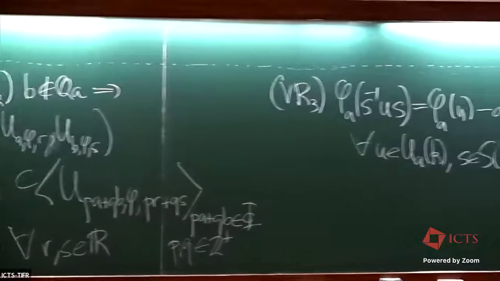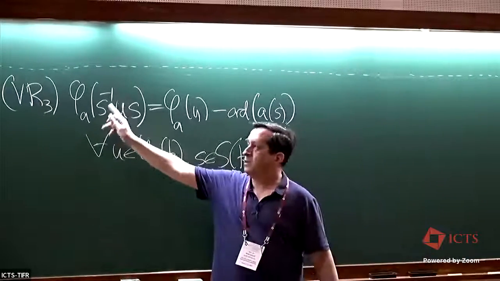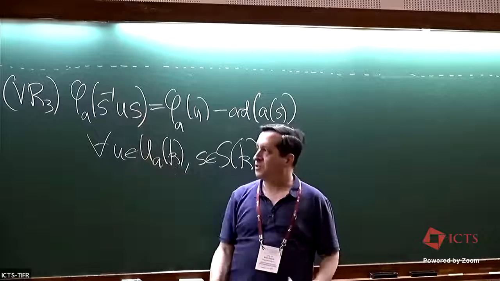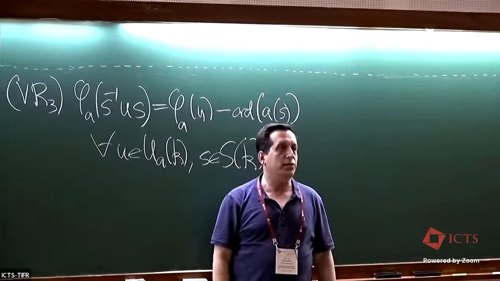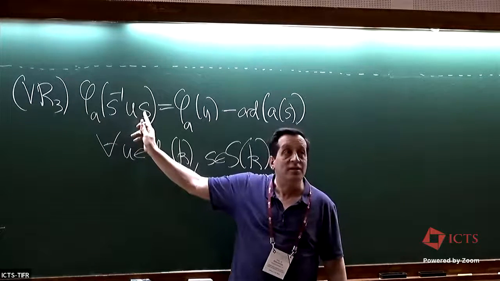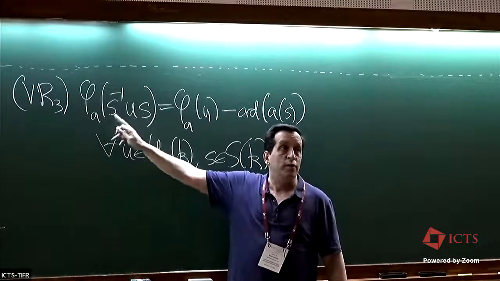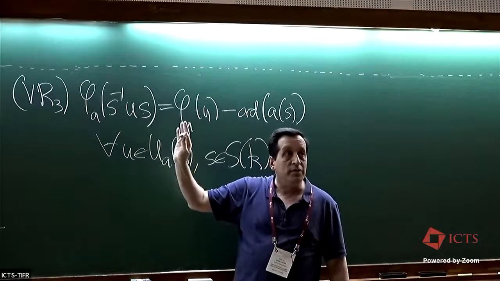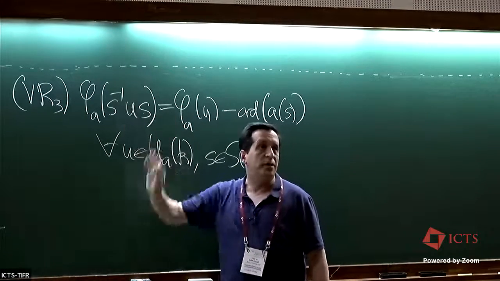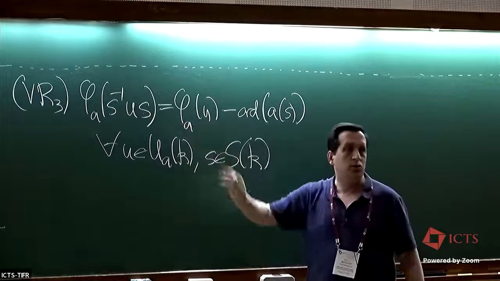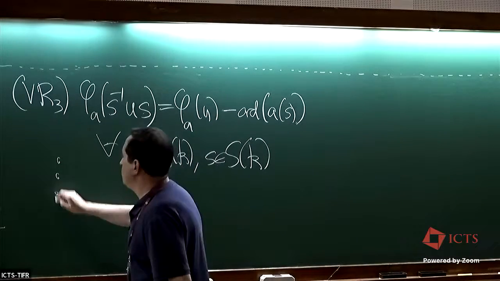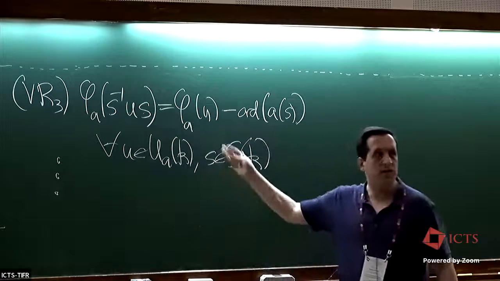Now you may be wondering why I put the s inverse here rather than s. The reason is that there are more axioms that I'm not telling you, one of which involves how it interacts with conjugation by the normalizer of the torus. And the normalizer of the torus is not commutative. So if you want this to correspond to a left action, you have to put the inverse there. Of course, you don't notice that when you're just looking at the torus, since that's commutative. There are more axioms, which I'm not going to list, but this gives you a flavor.